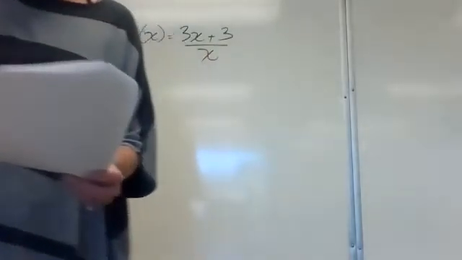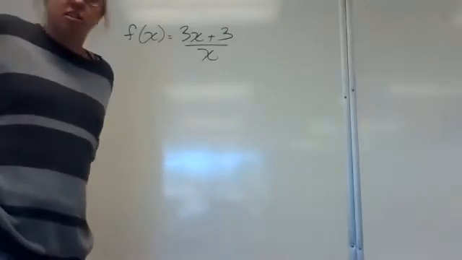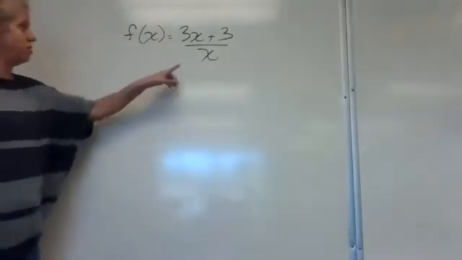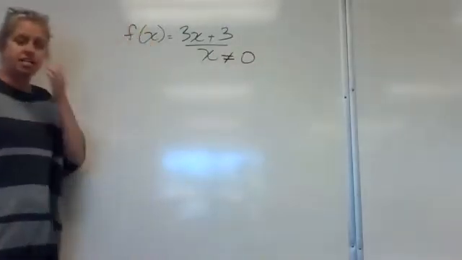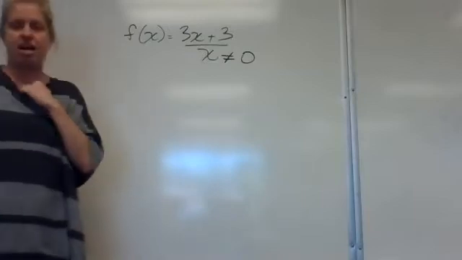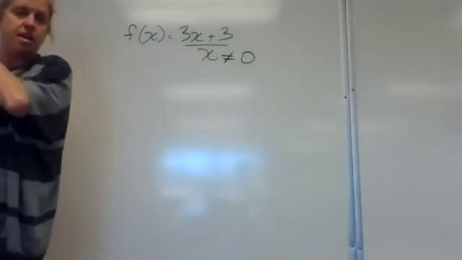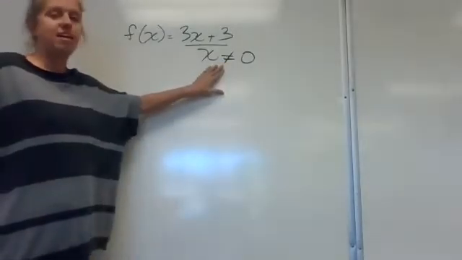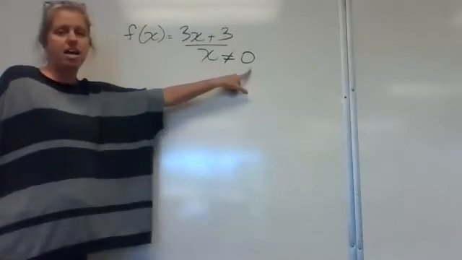All right, the first thing it's going to ask me is, what is the domain? Okay, again, you got the notes, refer back to them. Domain means to find the 0 of the denominator, because I need to leave that number out of the domain. And then my domain will be all the other numbers. So when I set this equal to 0, I don't even have to solve anything. It's already got the x by itself. So what can x not be?